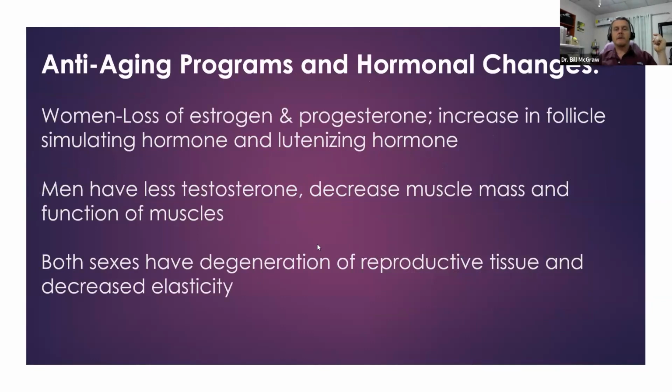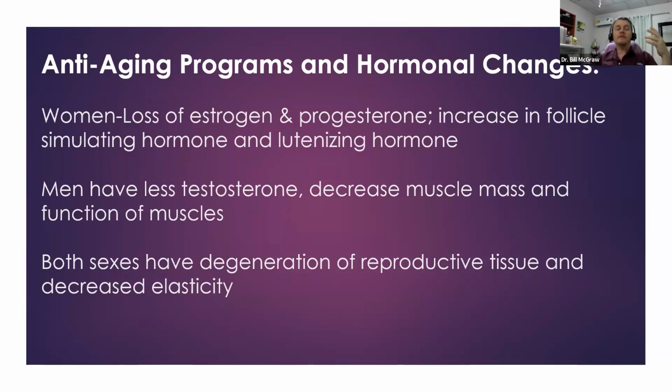Less testosterone, as I mentioned, decreasing muscle mass. How many men are pretty upset with losing muscle mass as you get older? And so if you can increase the testosterone with a frequency, you can increase muscle mass and likely increase basically the quality of life by increasing energy.